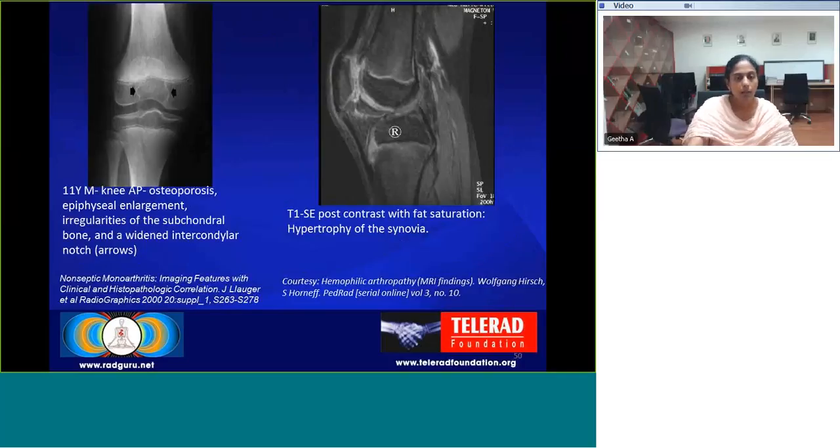This is an example of arthropathy in the knee, which shows osteoporosis, epiphyseal enlargement, irregularities of the subchondral bone, and a widened intercondylar notch. And on the MRI, there is hypertrophy of the synovium.